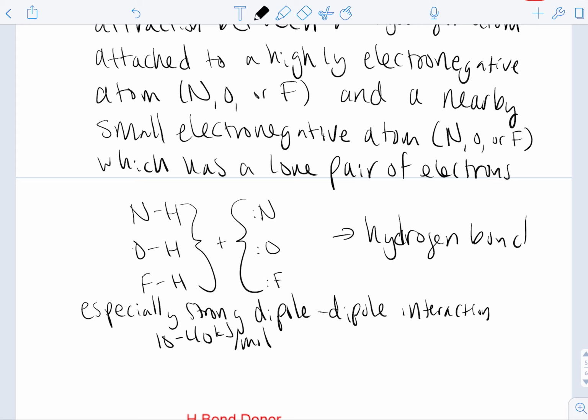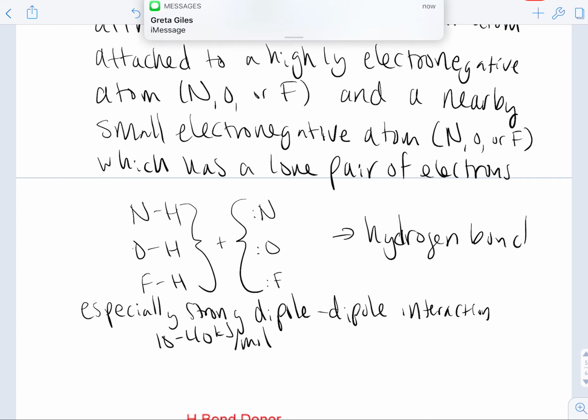And the reason that this is so strong is because it's kind of like a pseudo bond. So the hydrogen itself is very small, and it's almost a bare proton, right? So the electrons are being pulled away by that nitrogen, oxygen, or fluorine, leaving a bare proton there.